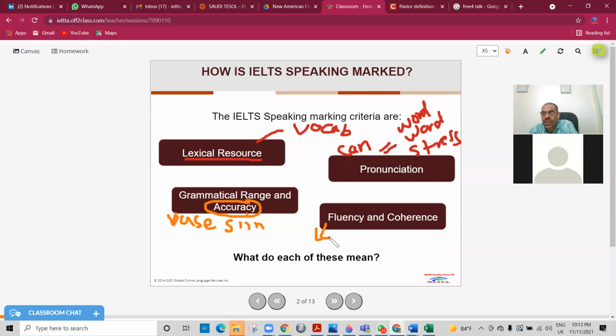Being fluent means that your speech flows smoothly like a river. And coherently means that you can organize your talk using linking words like firstly, secondly, and so on. Using these linking words will organize and make your speech more comprehensible, or let's say understandable.